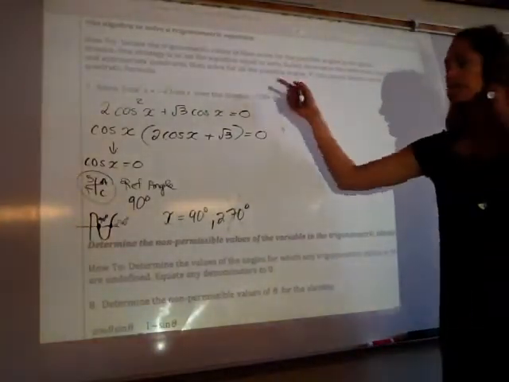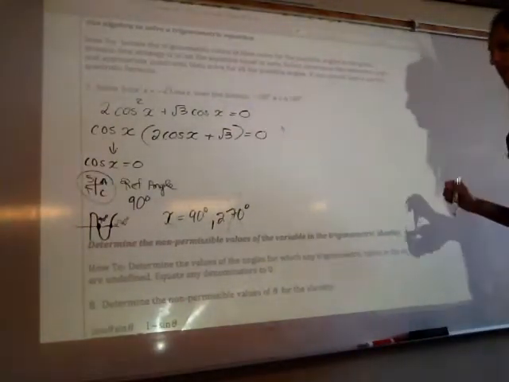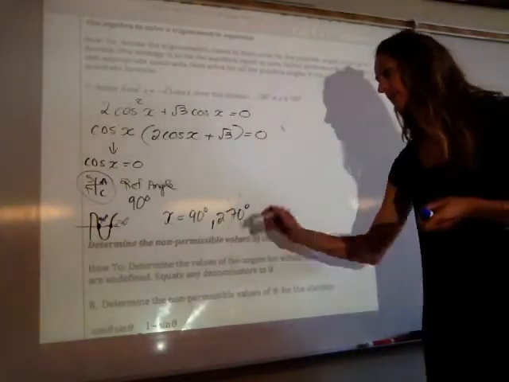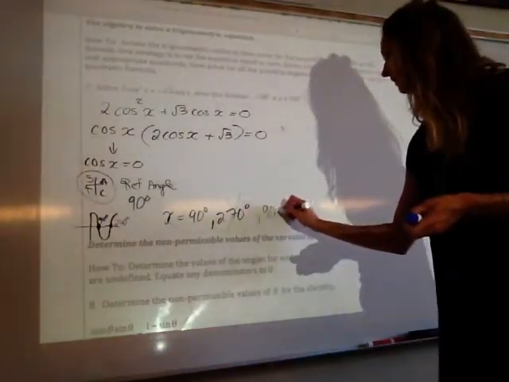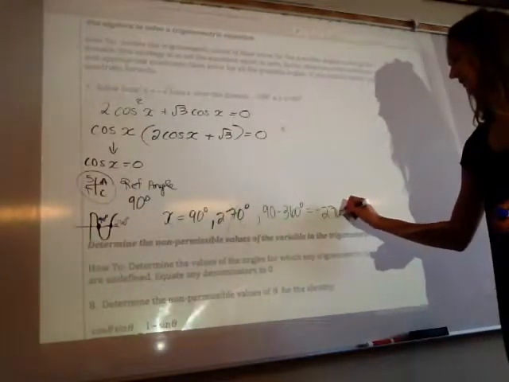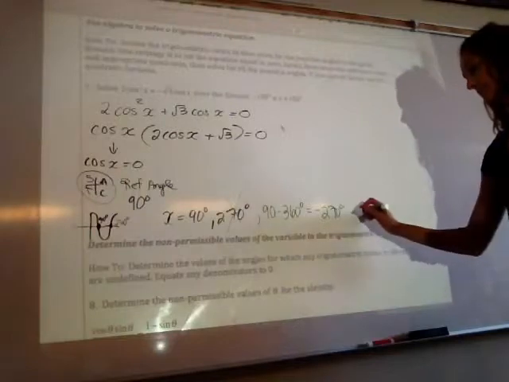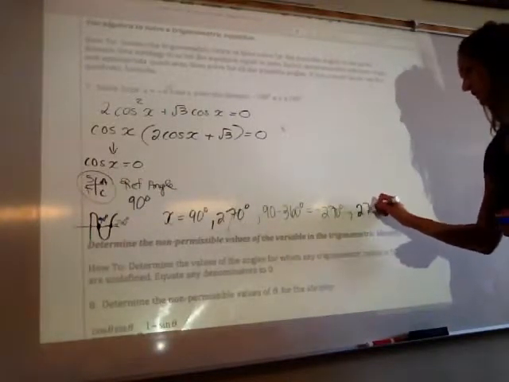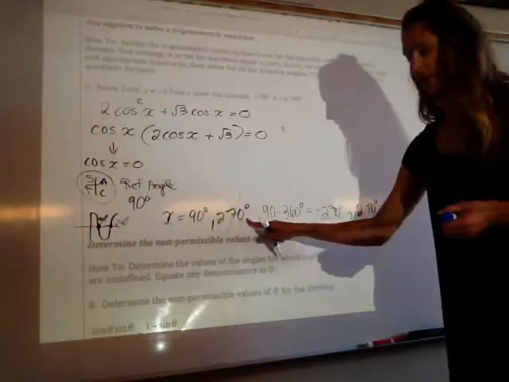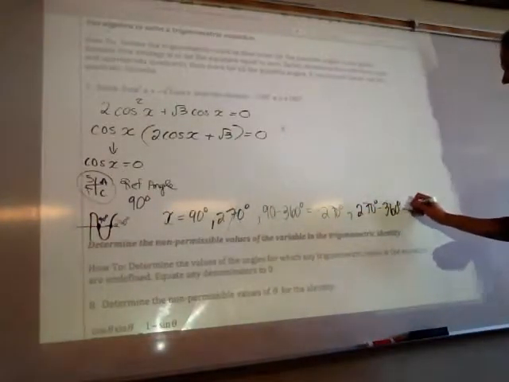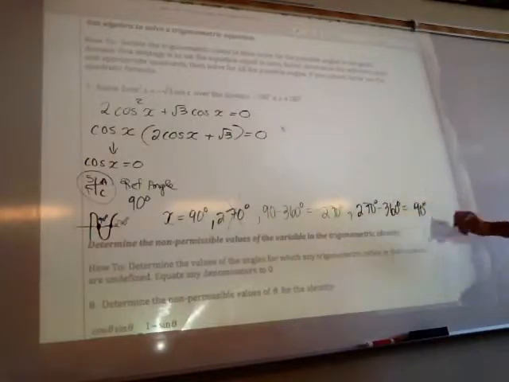But because we're going into the negative degrees, what I can do is find my coterminal angles. So 90 minus 360 degrees, that equals negative 270. And then 270 degrees, starting from here, subtract 360 degrees, that equals negative 90 degrees.